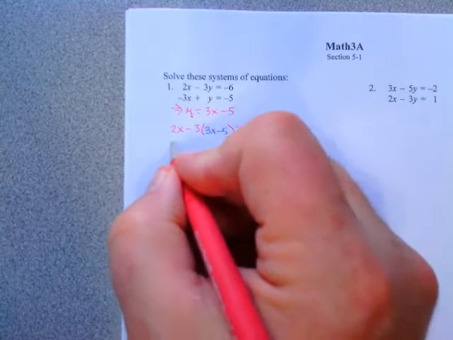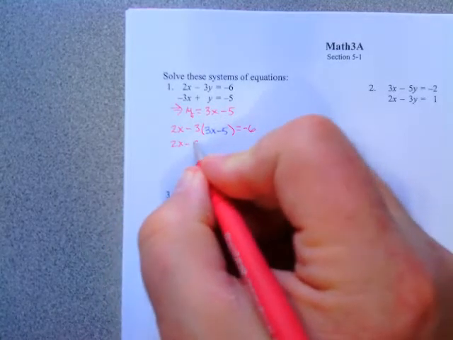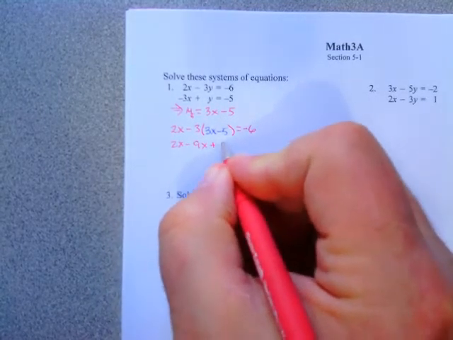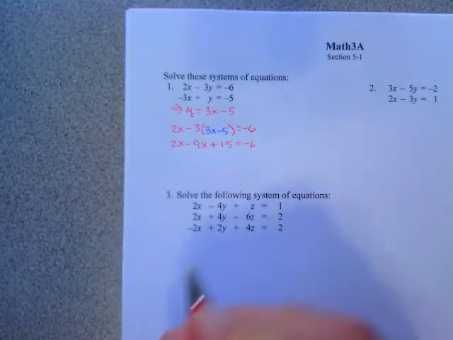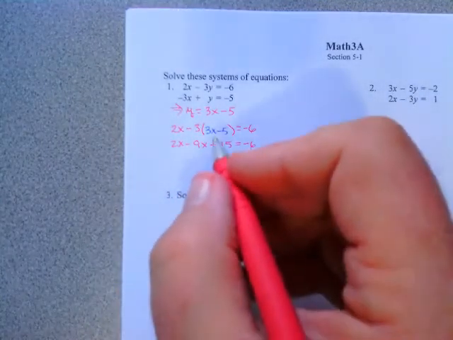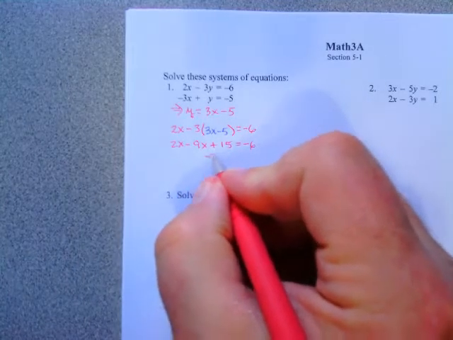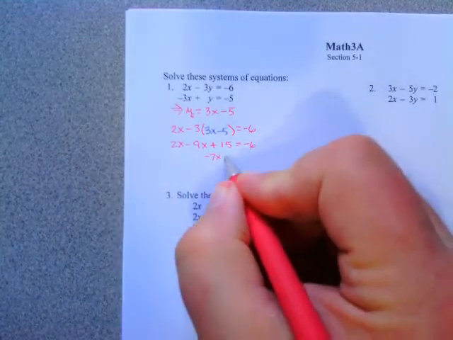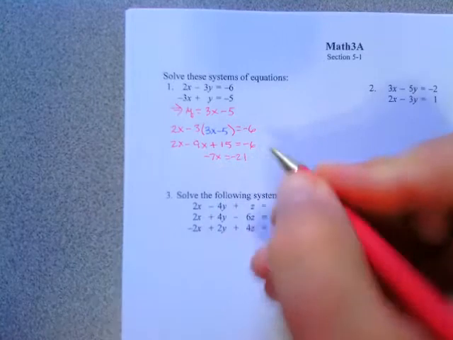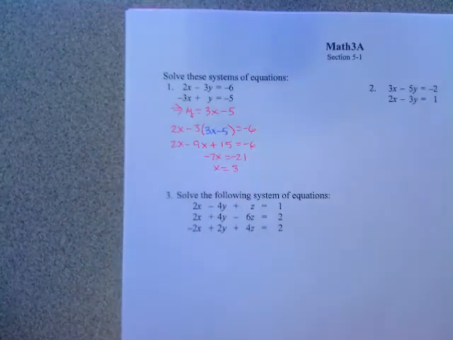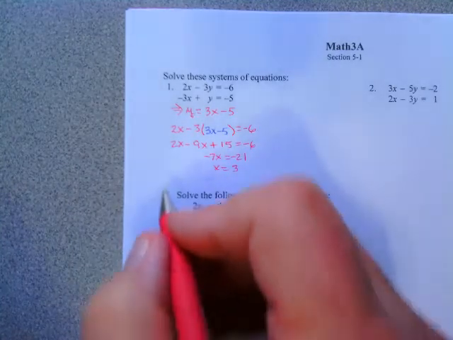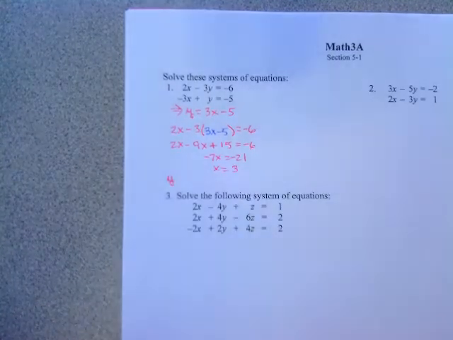Now I can distribute: 2x subtract 9x plus 15 equals the negative 6. Go ahead and combine like terms. Negative 7x equals negative 21, and so I'm left with x equals 3. Now that I have that, substitute it back into the other equation.